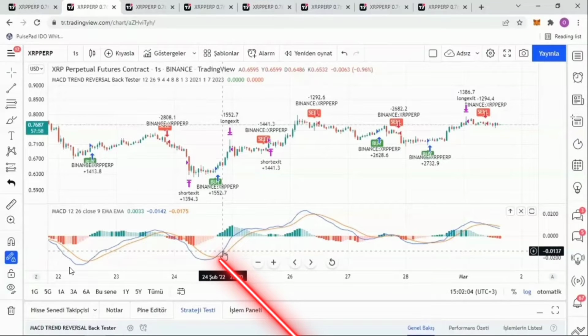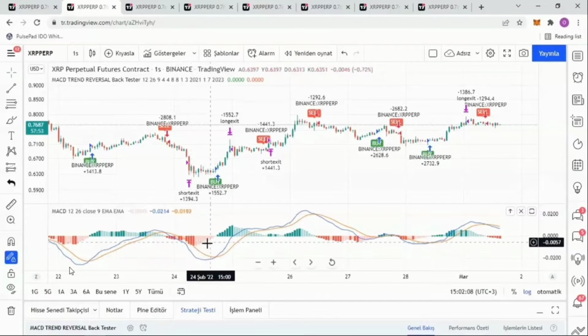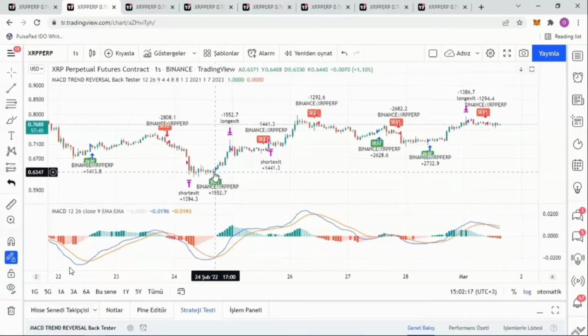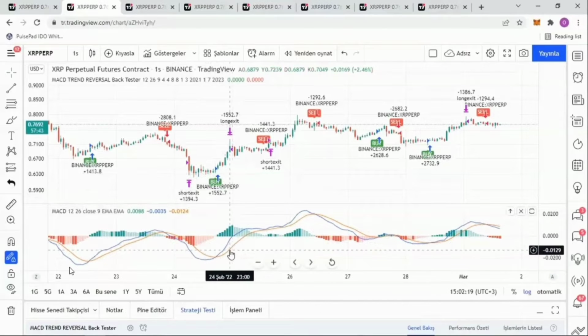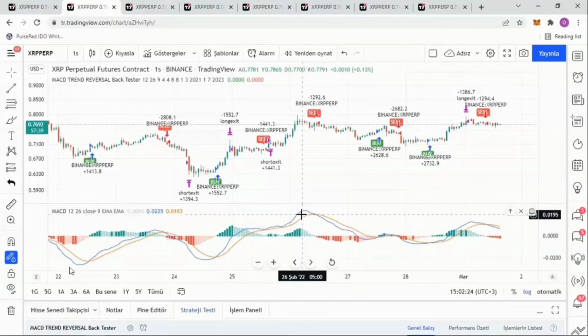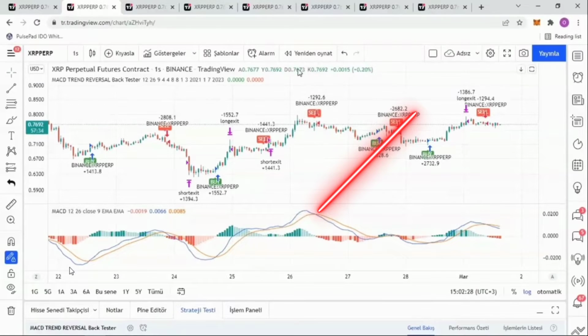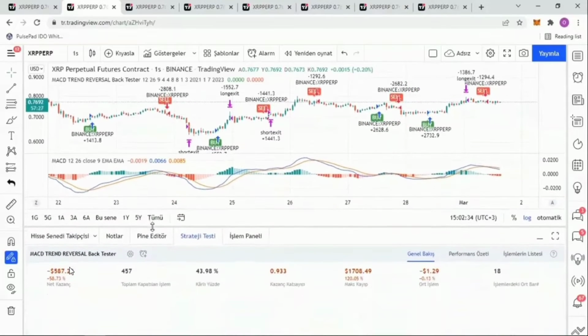If the blue line crosses over the signal line above the zero line, then we will not open a long position because in this strategy's theory, if blue and orange lines are above the zero line, then we are already in an uptrend and we cannot talk about a healthy trend reversal. Similarly, for the short positions, we will wait for the blue line to cross below the orange line only above the zero line. Okay, let's check the results.